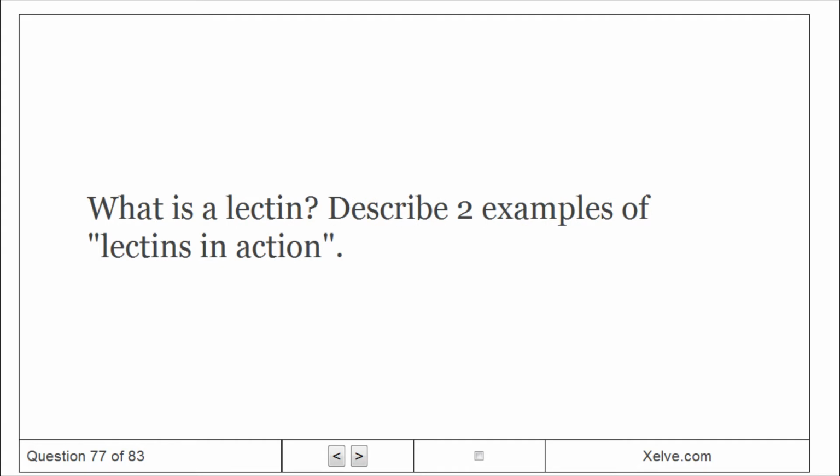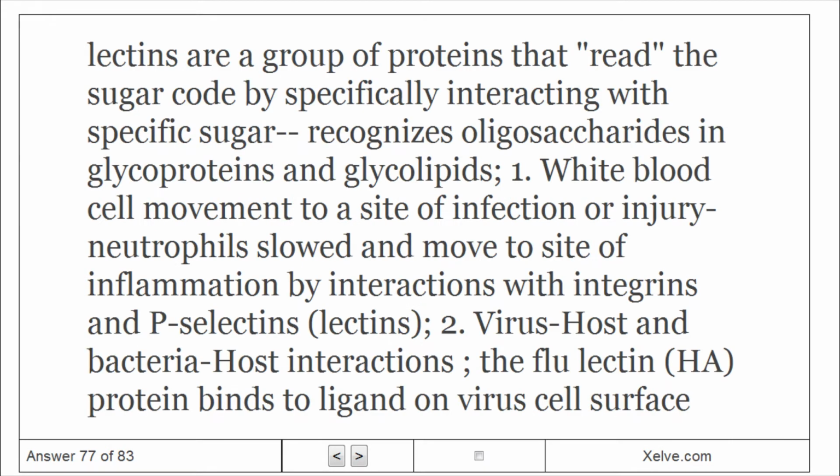What is a lectin? Describe 2 examples of lectins in action. Lectins are a group of proteins that read the sugar code by interacting with specific sugars, recognizing oligosaccharides in glycoproteins and glycolipids. 1.